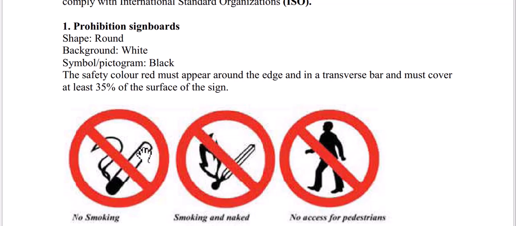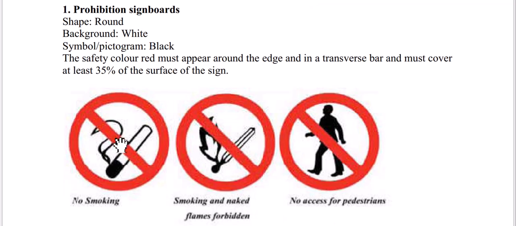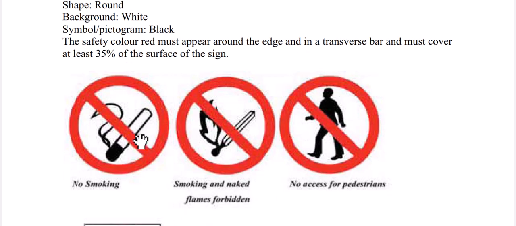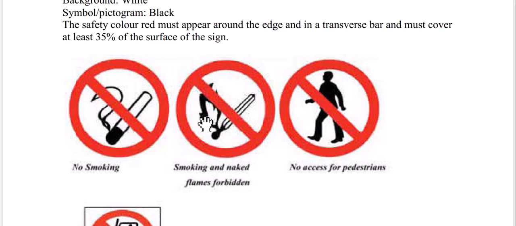For example, we have no smoking with a round and this line as a prohibition. We have a white background and we have a black picture or pictogram of what is being restricted. And here you can see also we have a flame, the same restriction, a red round and a white background.